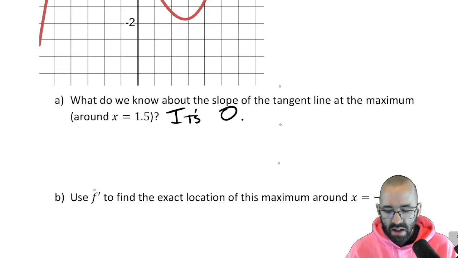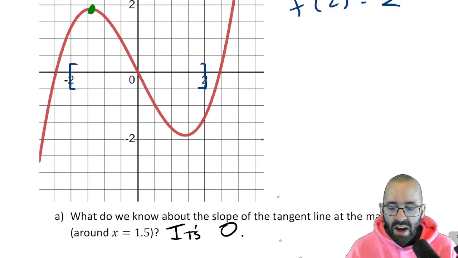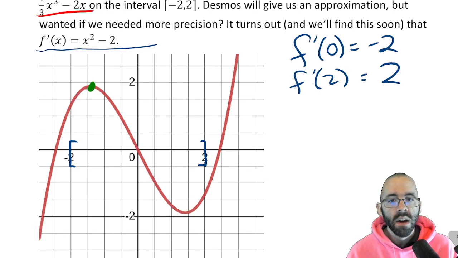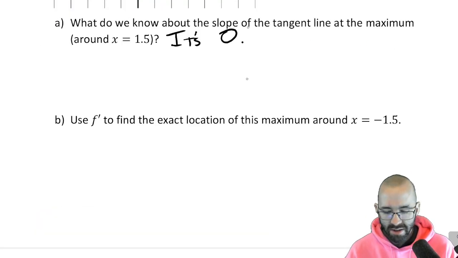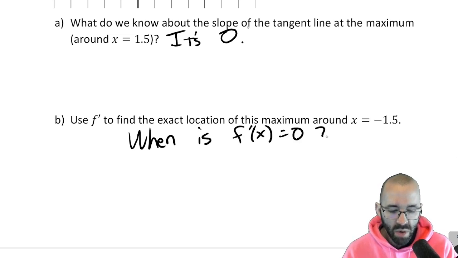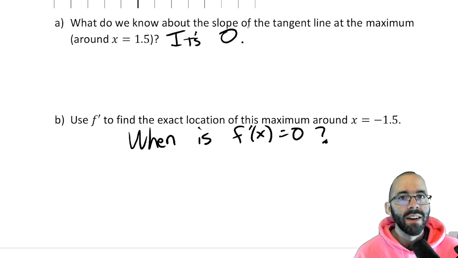So, use f prime to find this exact location. Because we know the slope should be 0 right here at this green dot, when is the slope equal to 0? We've done questions like this before.